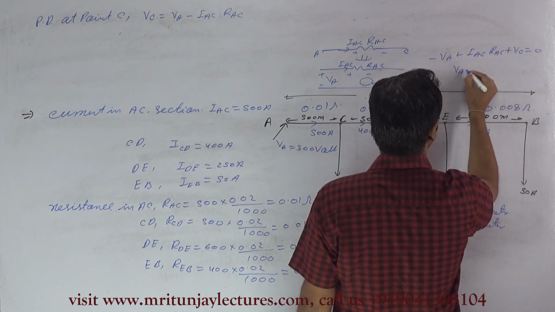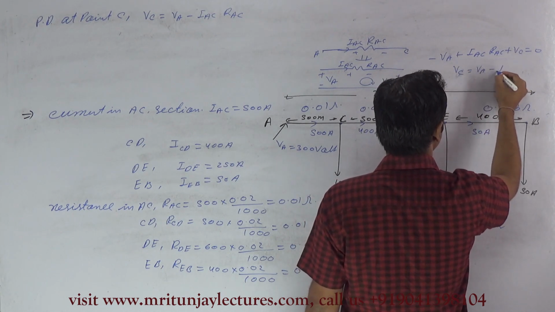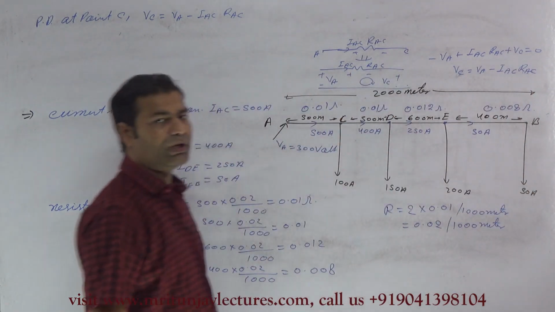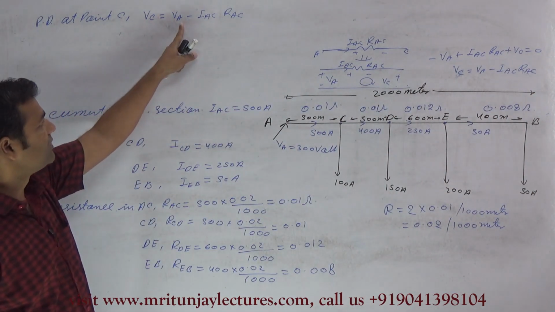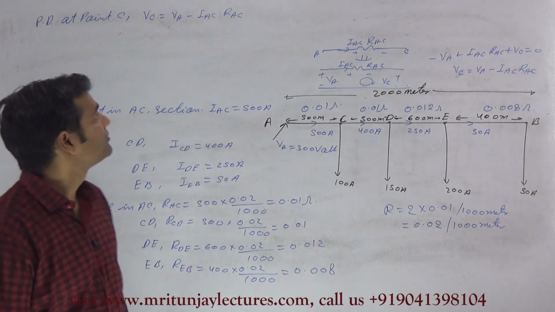So VC is VA minus I of AC into R of AC. Clear?